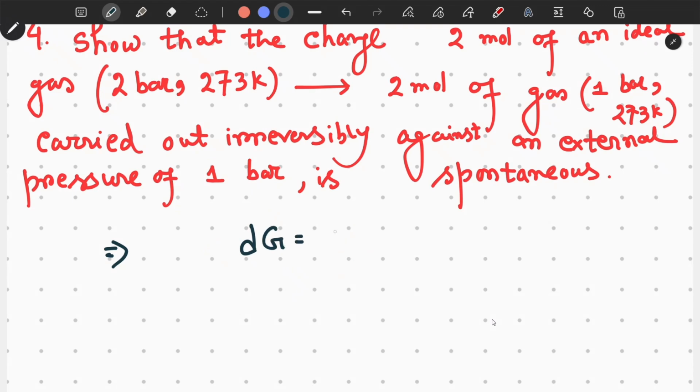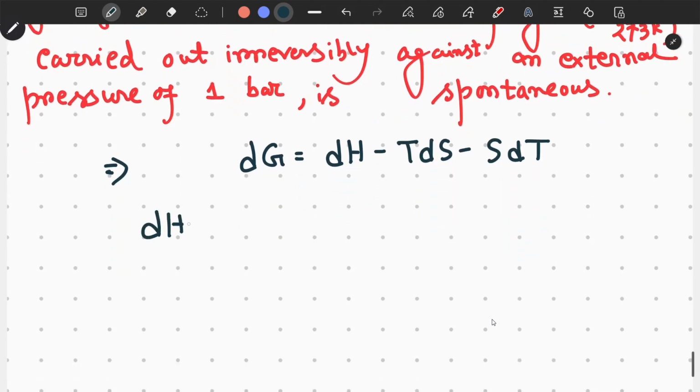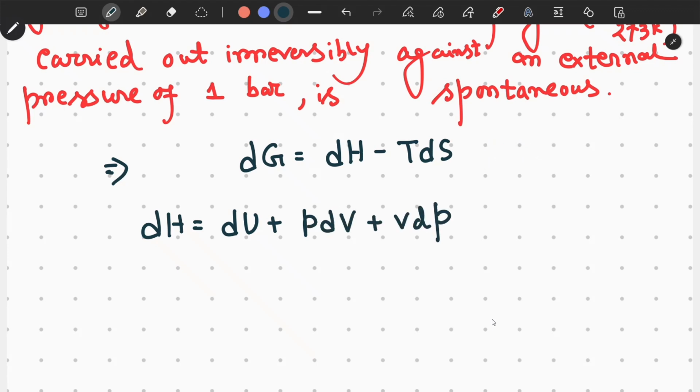dG equals dH minus TdS minus SdT. dT is 0. dH is dU plus PdV plus VdP.